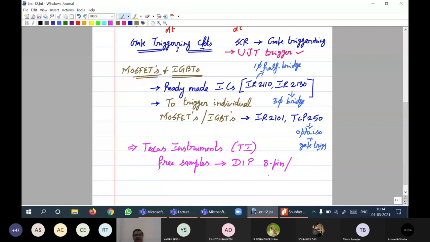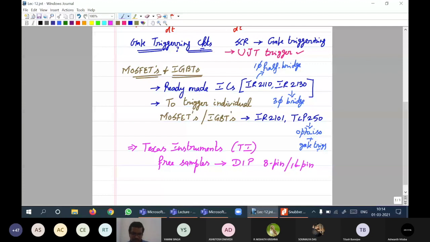That is called a dual inline package. There are other packages. Surface mount package is there. SOIC package, and then PLCC, plastic leaded chip carrier. So don't take up those things. Please order only DIP package. Okay. So that is about triggering circuit.